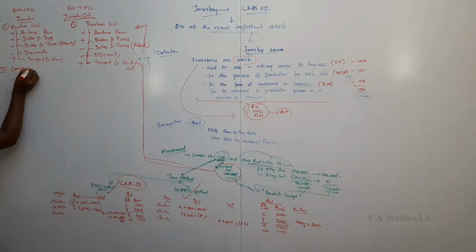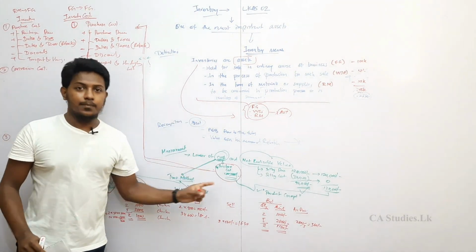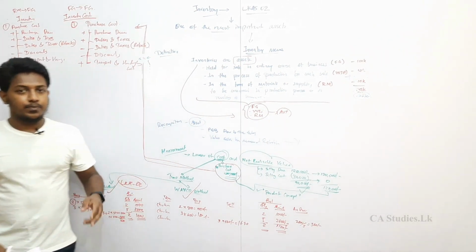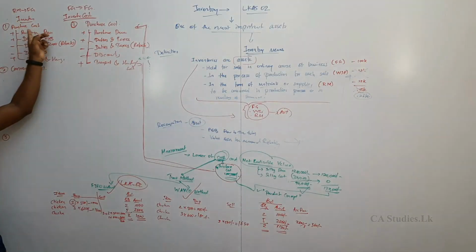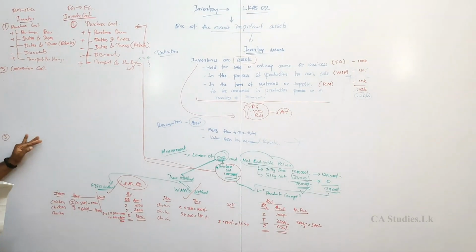But in the exam, if the examiner asks what costs are included in the cost of inventory, you should tell there are three costs available. First one is purchase cost, then conversion cost, and the final one is other cost.